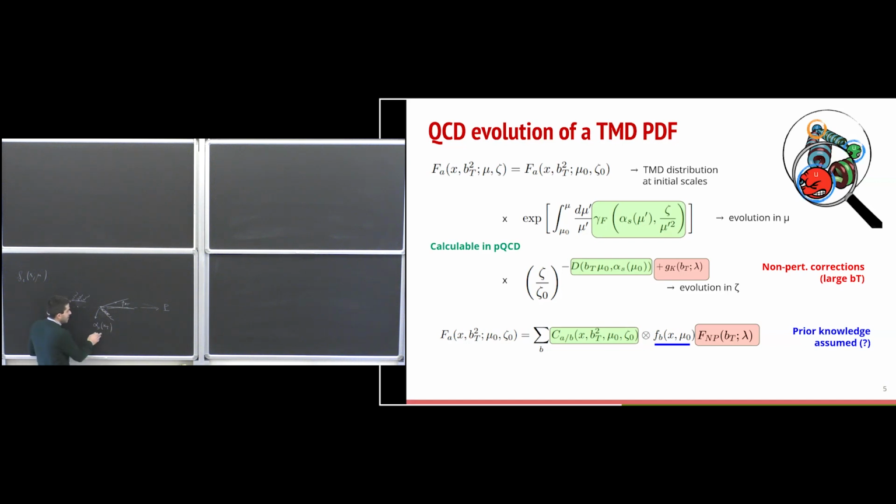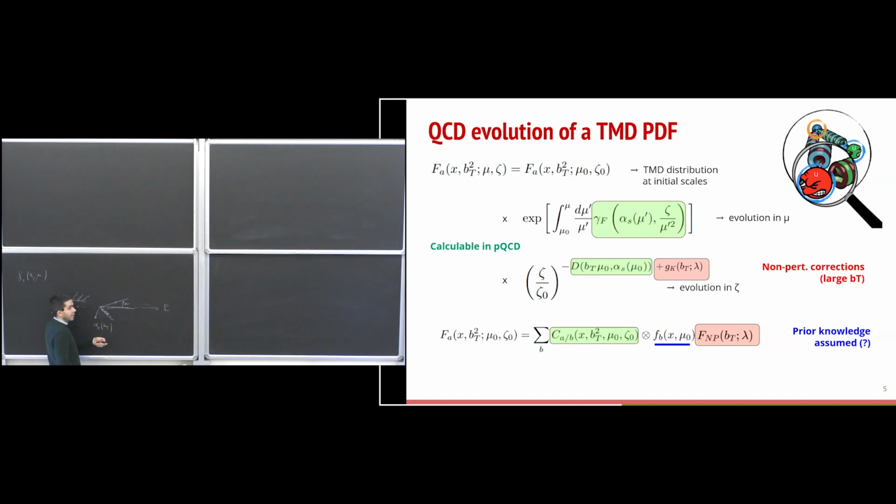So in these cases, when the KT is very small, we need some non-perturbative corrections in these equations. And basically this f NP factor here and the g K factor are what they do in a nutshell. That factor here tells me what is the intrinsic transverse momentum distribution, so the part of the TMD distribution related to very small KT, okay?